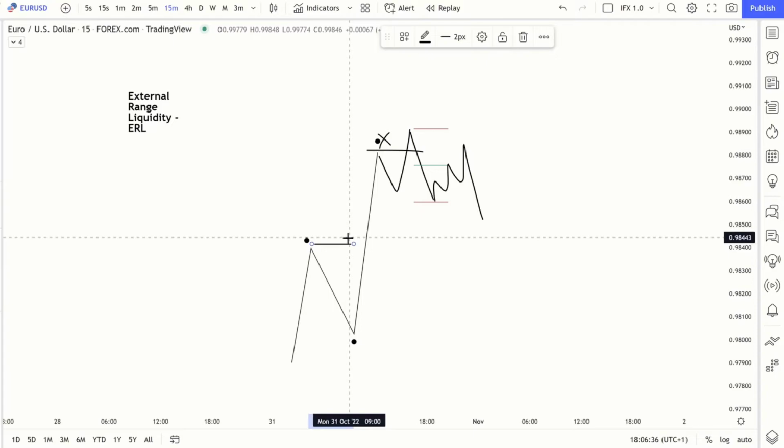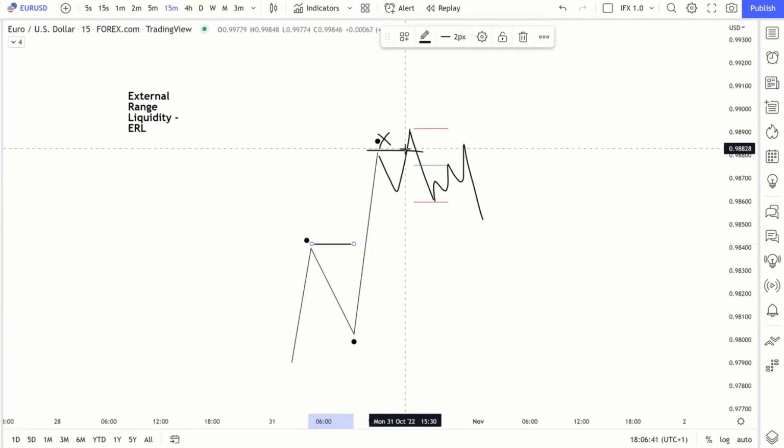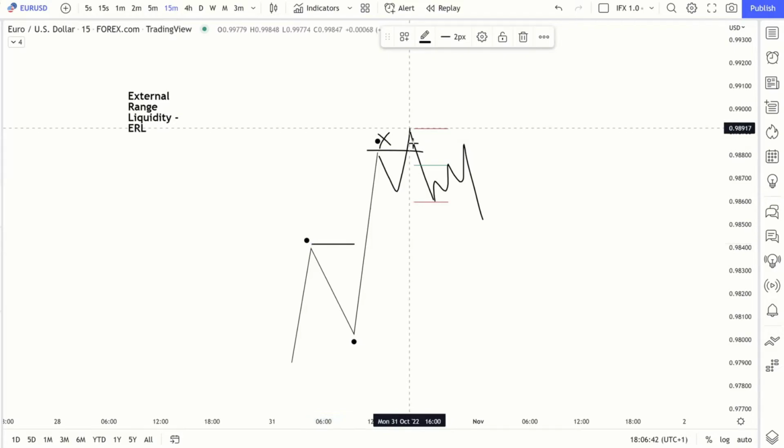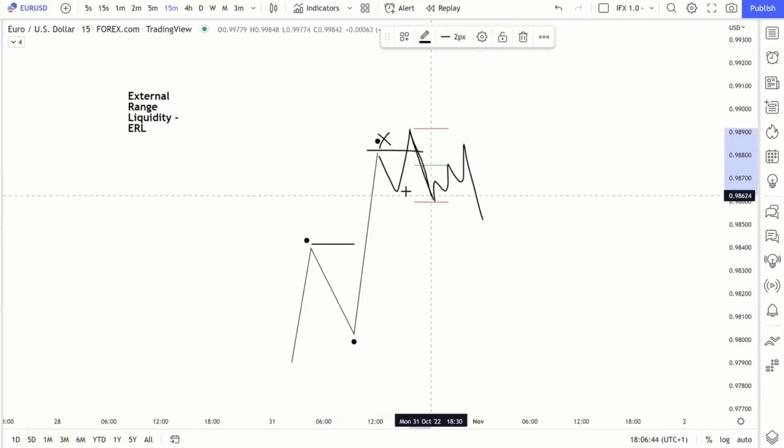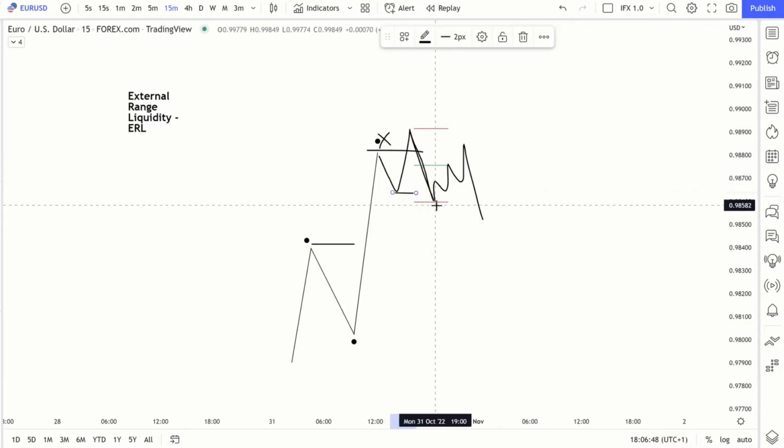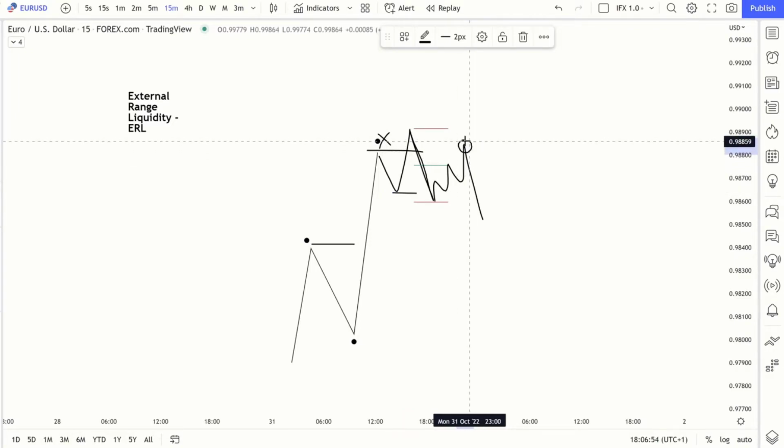You've got breaking market structure. You've seen a sweep of external range liquidity, and price impulsed away, and in this instance, we've got change of character as well. From there, we have a correction, and let's say this was the setup, quotation marks, trading away from the sweep.